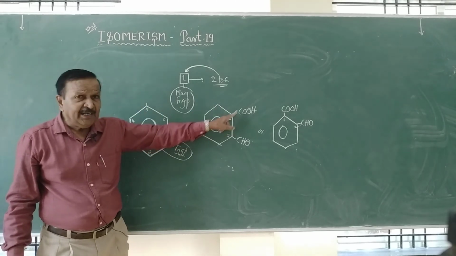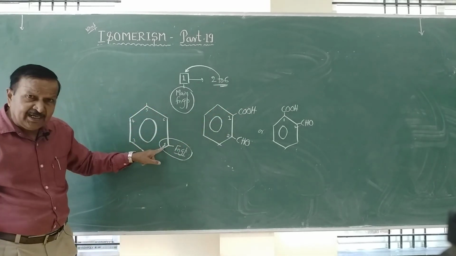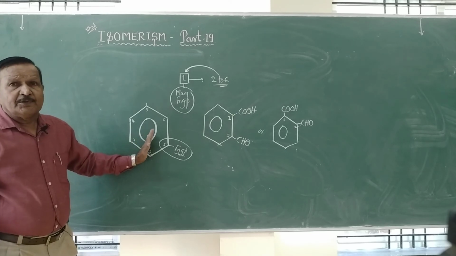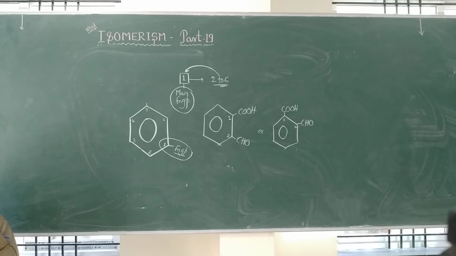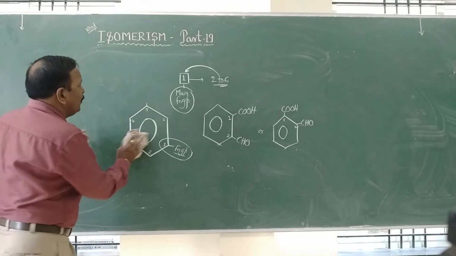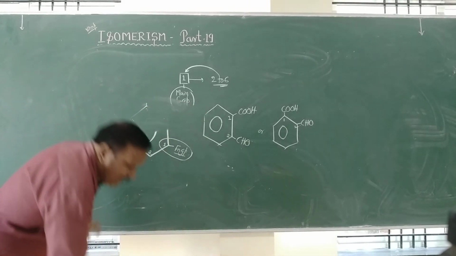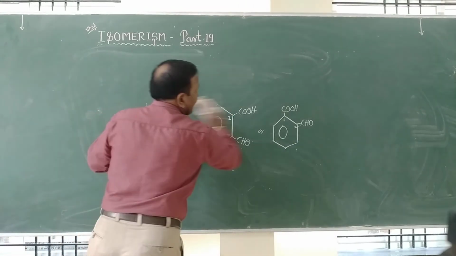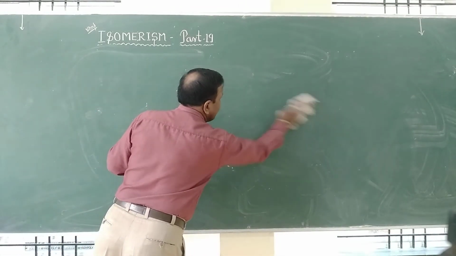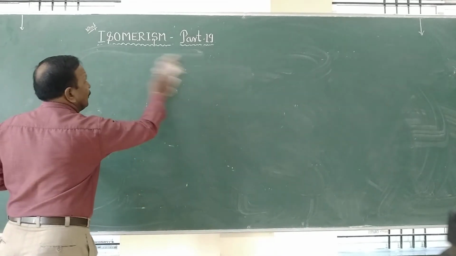If it is here, that is number 1. If it is here, that is number 1. So according to number 1, 2, 3, 4, 5, 6, we are going to continue. I have taken maximum time and solved maximum examples. Remaining you try, and if you get any confusion, you are free to ask.